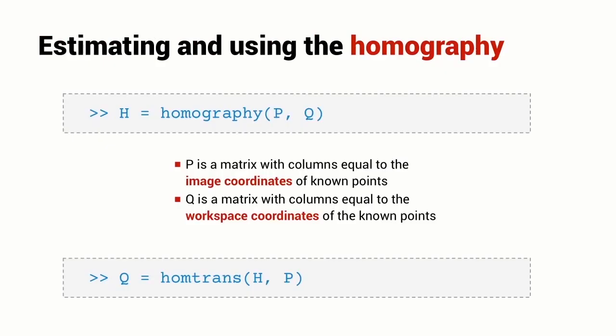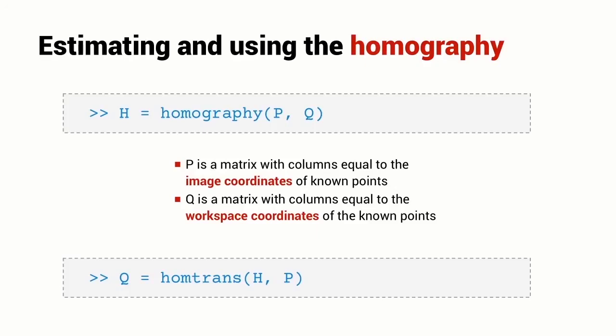Just to summarize the capability in the toolbox for computing and using homographies. Given 2 sets of corresponding points, P and Q, we can compute a 3x3 homography matrix. The columns of P and Q represent points. Now, P might be image coordinates of known points in an image.